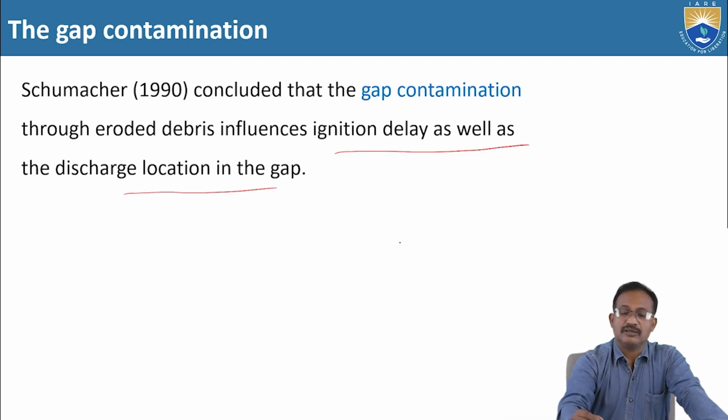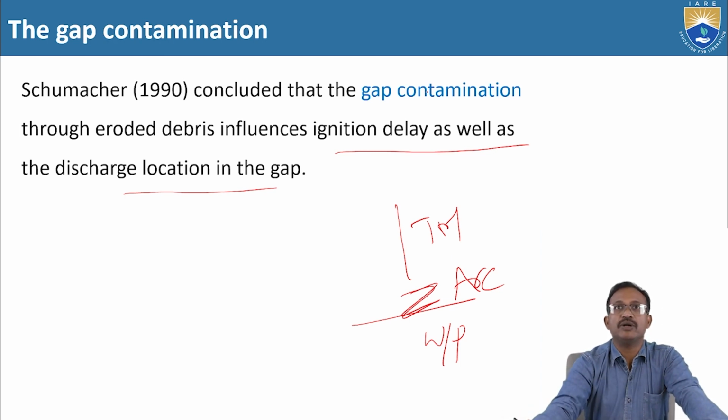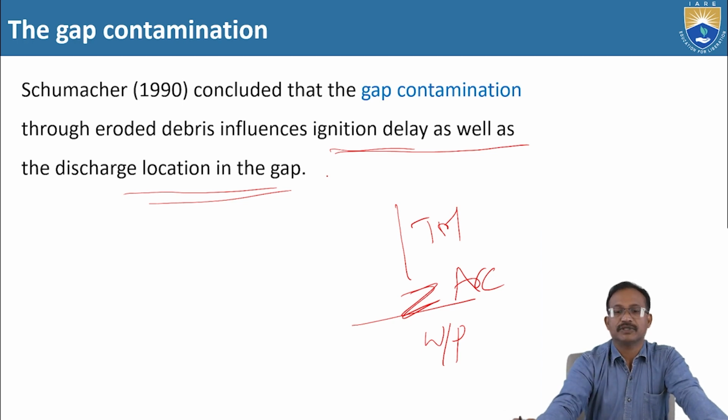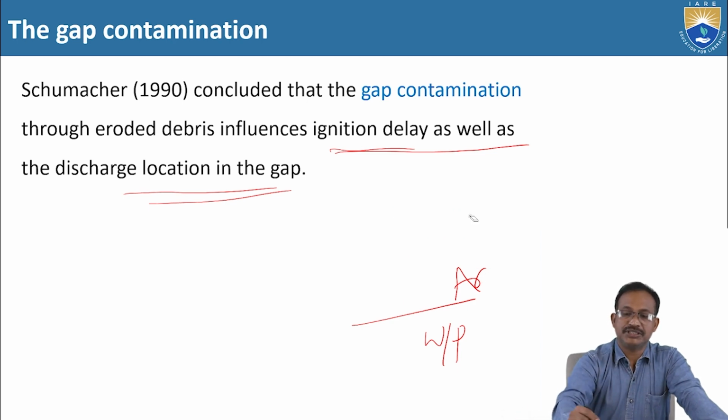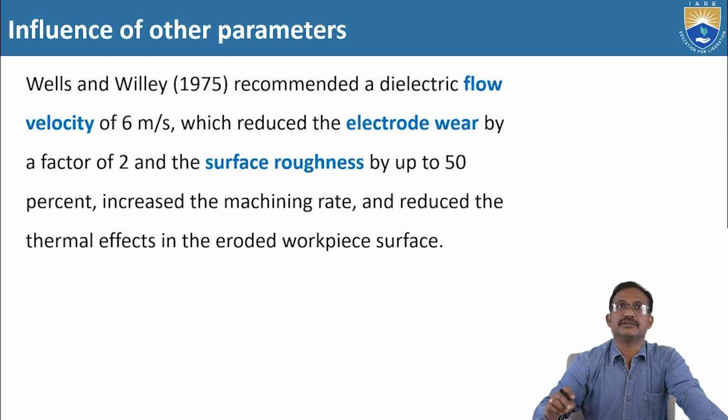This is the tool, this is the workpiece, this is the arc. So here what we are saying is that the gap contamination through eroded debris influences the ignition delay as well as the discharge location in the gap.